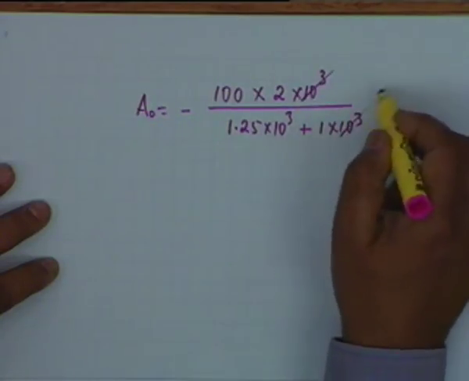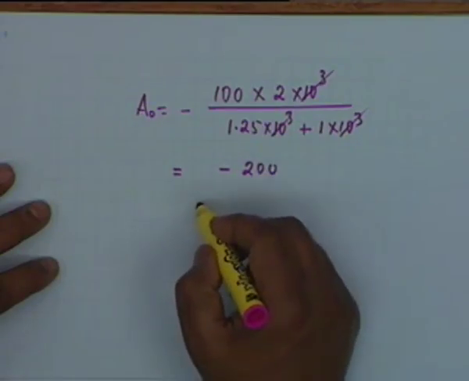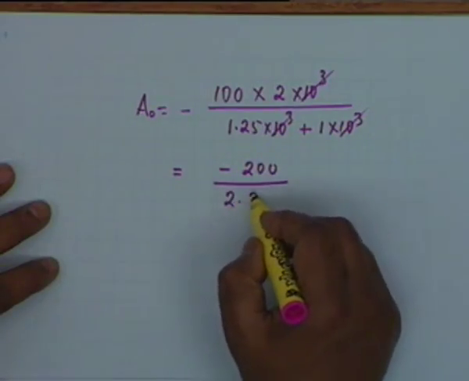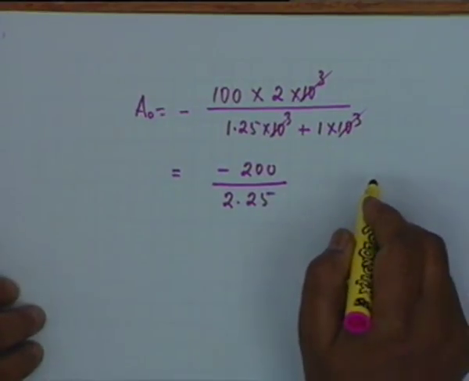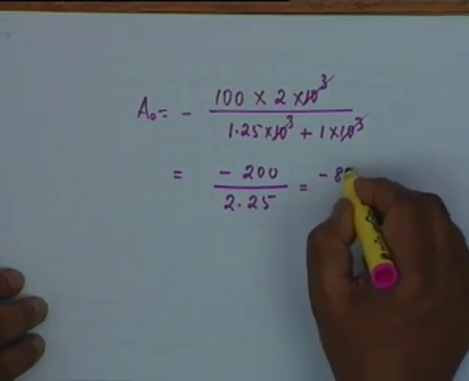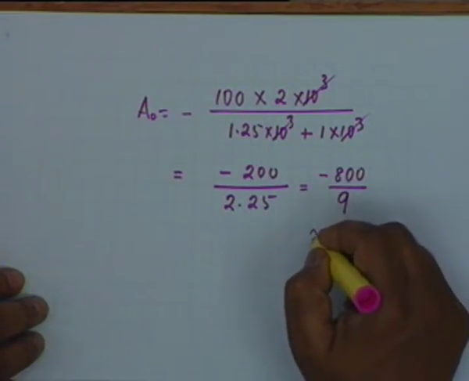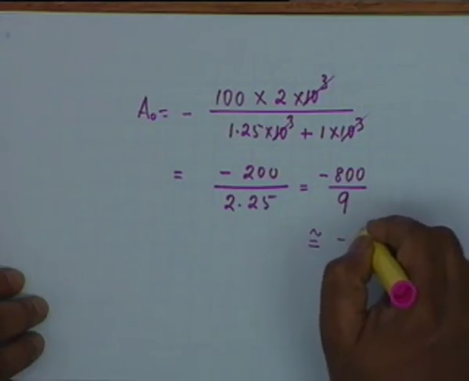So 10 to the 3 can be ignored. This is minus 200 divided by 2.25. Is this minus 800 by 9? Yes. And as you can see, this is approximately equal to minus 90.